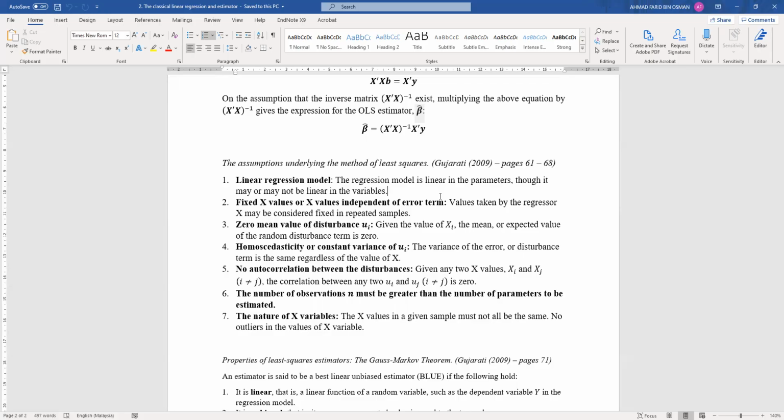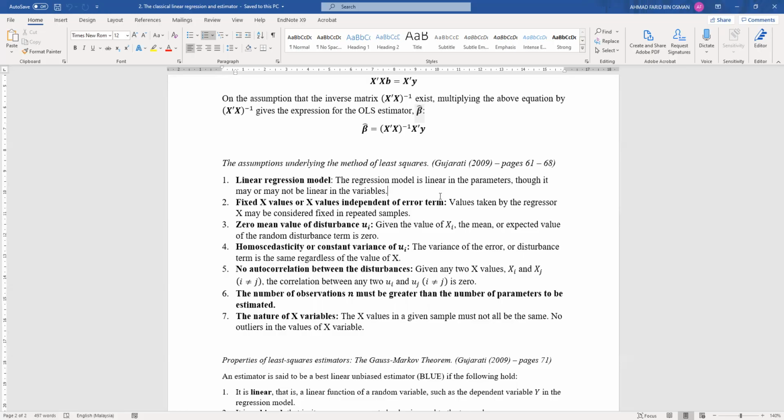If, let's say, when x1 increases from 1 to 2, y increases by 1 unit, but when x1 increases from 2 to 3, y increases by 2, so the effects become different, then we call that not linear in parameters. So the regression model is not linear in parameters.